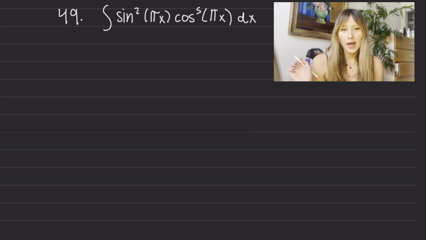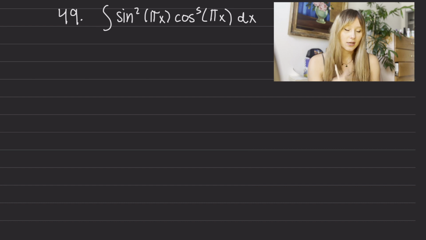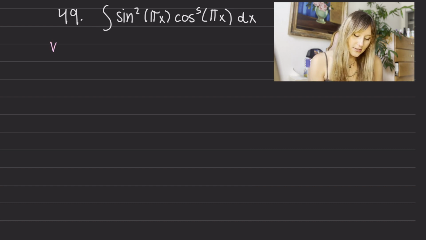Period. Okay. So next we're gonna do several u substitutions here. So I'm just gonna get the pi x out of here because it's kind of making things ugly. So I'm just gonna substitute another variable in.